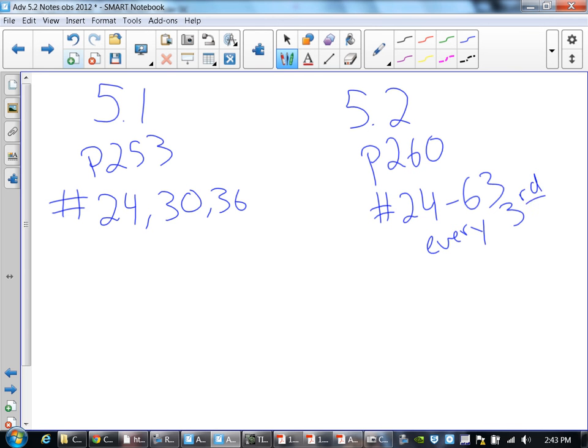A dozen factoring problems, maybe 11. Some of them can't be factored, some of them can. Watch for them. Every third problem: 24, 27, 30, 33, and so on. It's like the middle column. I don't have a lot of the fancier ones in there. We'll get into that later on.